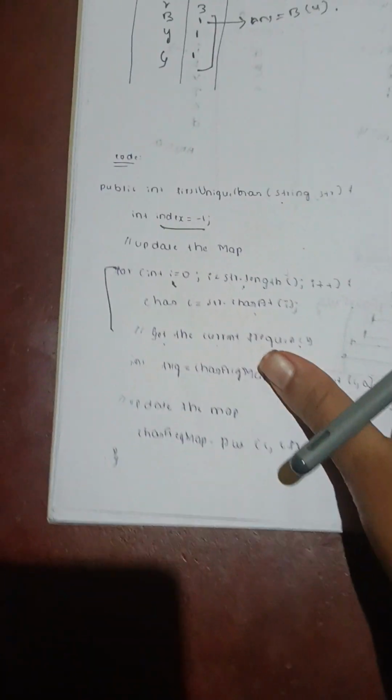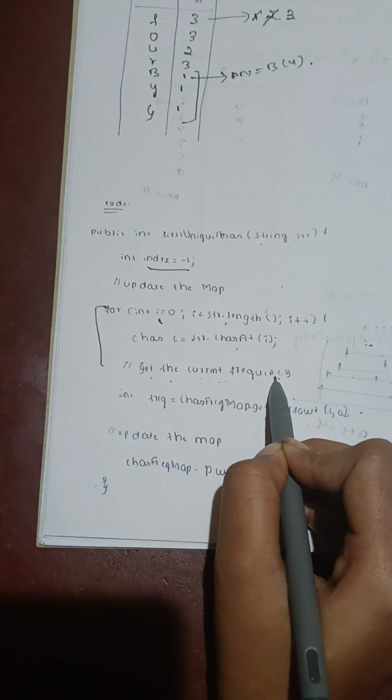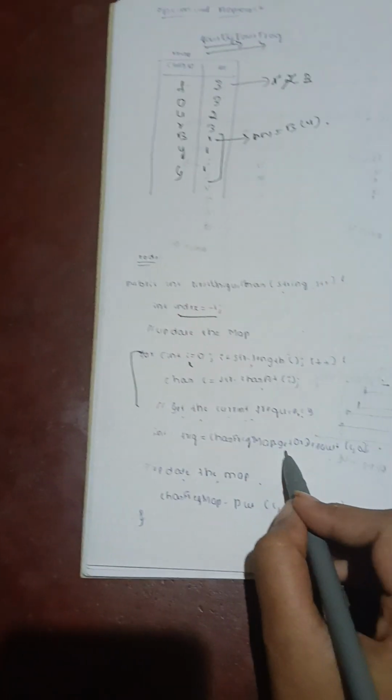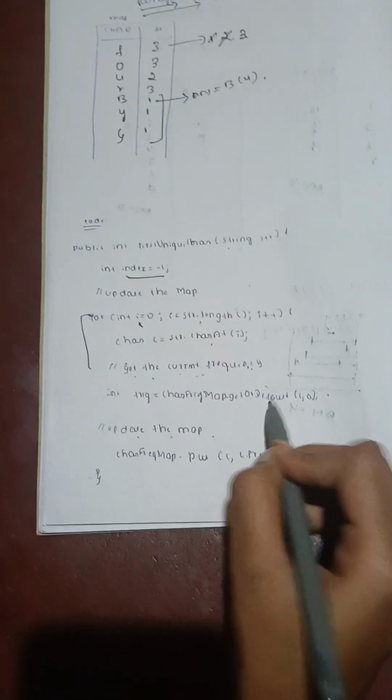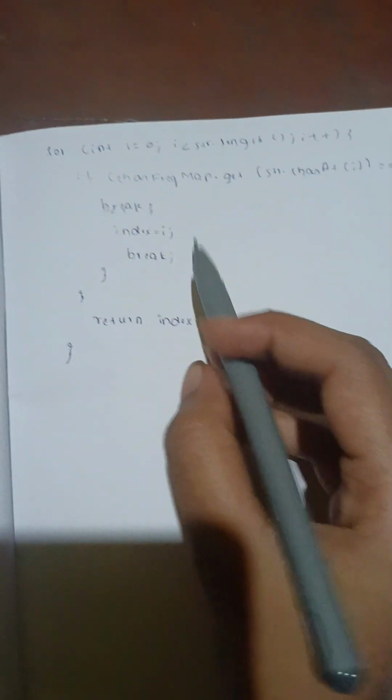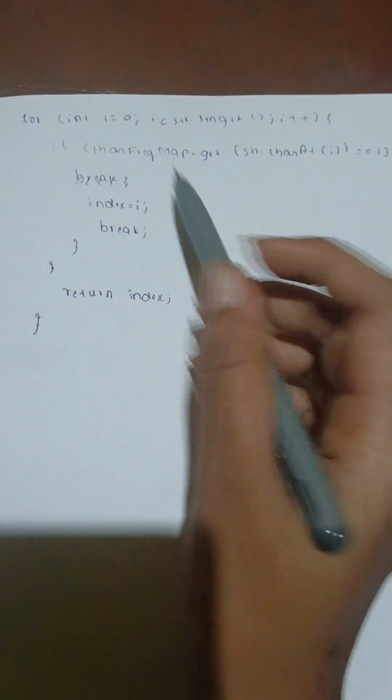That's what I have written here. Get the current frequency, then update the map. For this we use the getOrDefault method and the put method. Lastly, we use a for loop from 0 to length and update it.